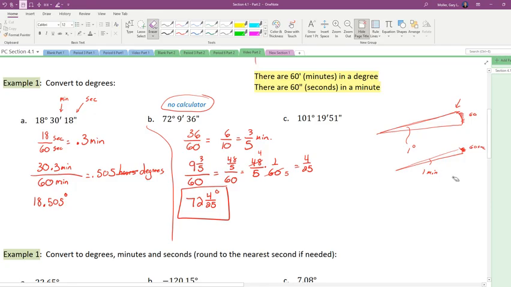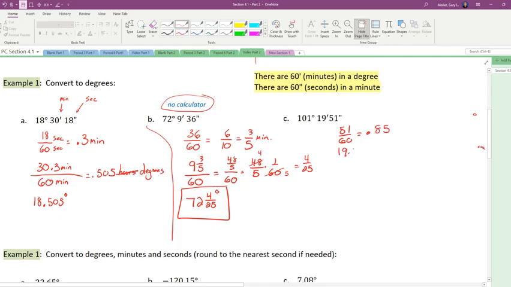All right, and finally, the last one. 51 out of 60, divided by 60, equals 0.85. So 19.85 over 60.